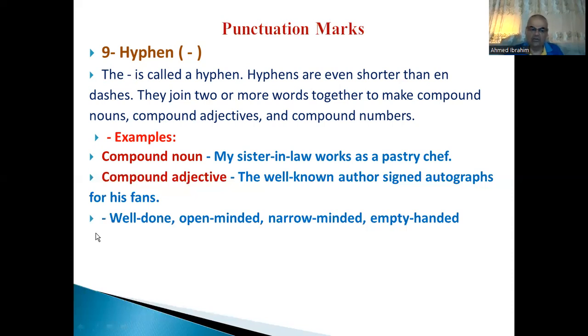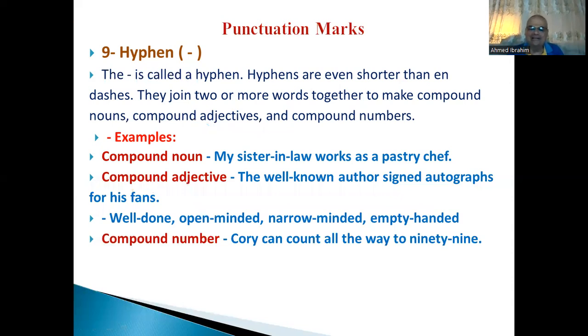More examples: well-done, open-minded, narrow-minded, empty-handed. Compound numbers: Corey can count all the way to ninety-nine.